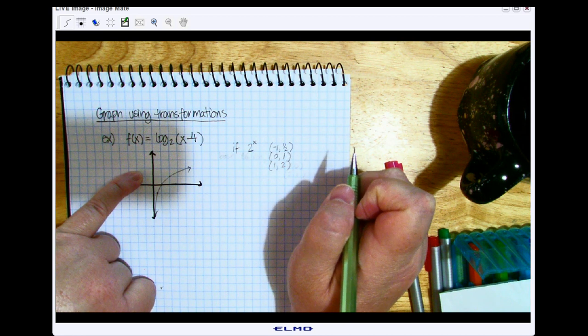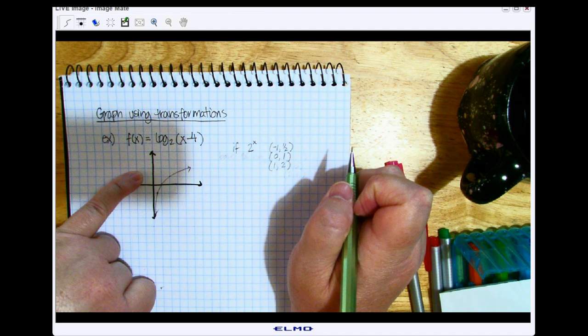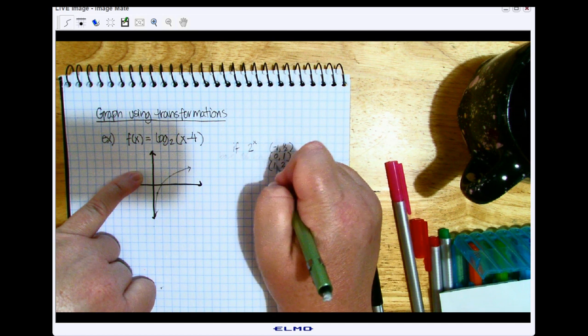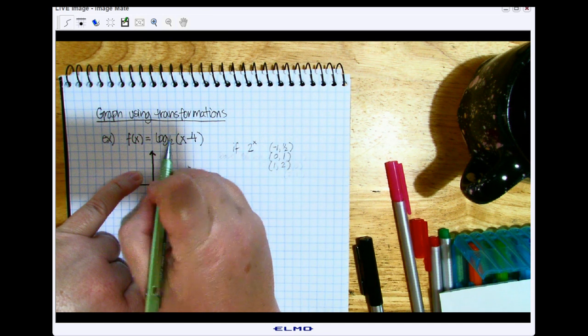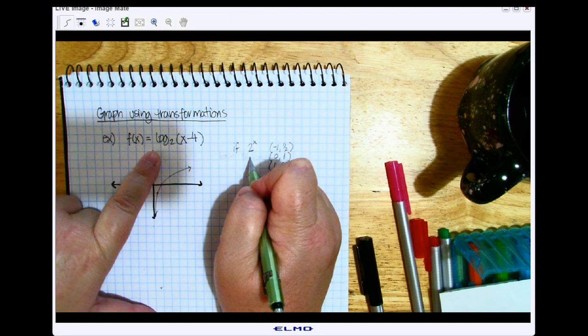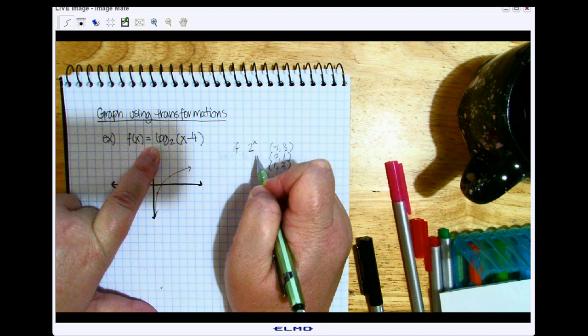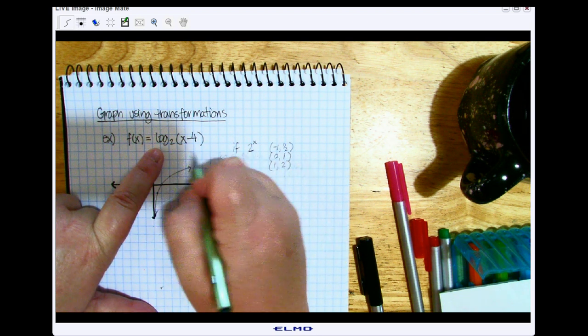Are we okay with those three? Logs and exponential functions are inverses of each other, right?